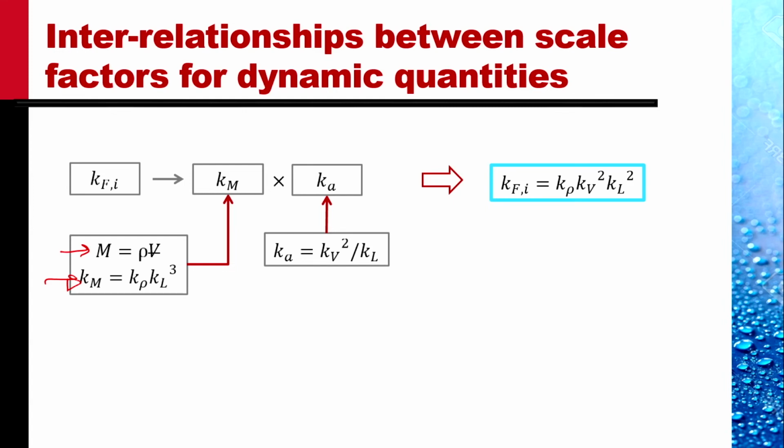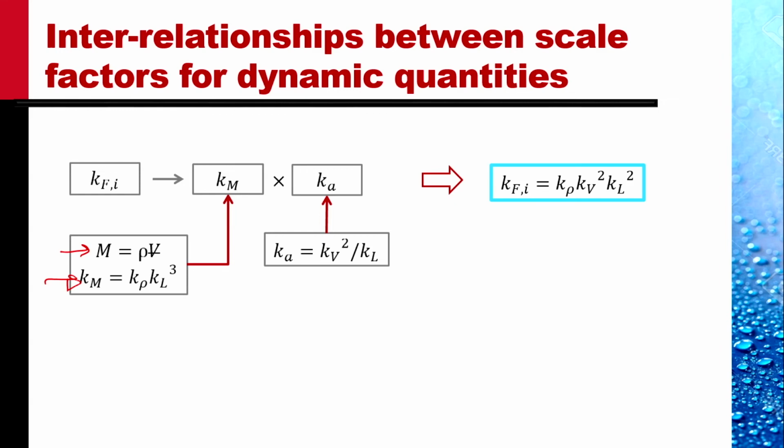This is one formulation of the scale factor for inertial forces in terms of the three quantities K rho, Kv, and Kl. If we wanted to use Kt, this would have a different formulation. The preferred formulation in fluid mechanics is this. But you will obtain similar results if you use the other formulation.